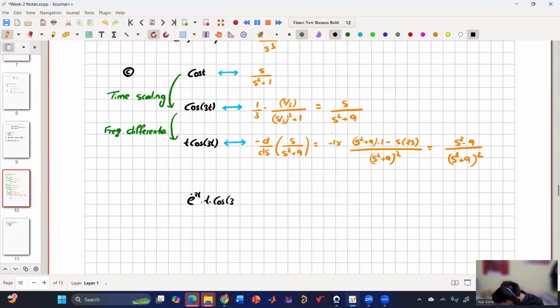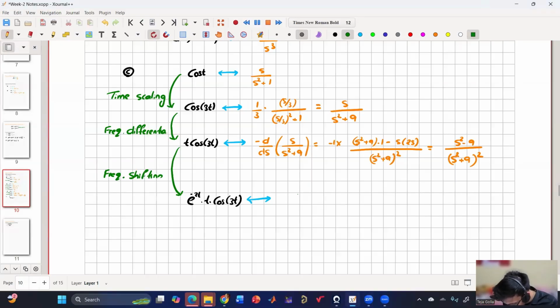So which property are we going to use now? Time shifting or frequency shifting? Frequency shifting, right? Because frequency shifting will be exponential in terms of time, and time shifting will be exponential in the frequency domain.